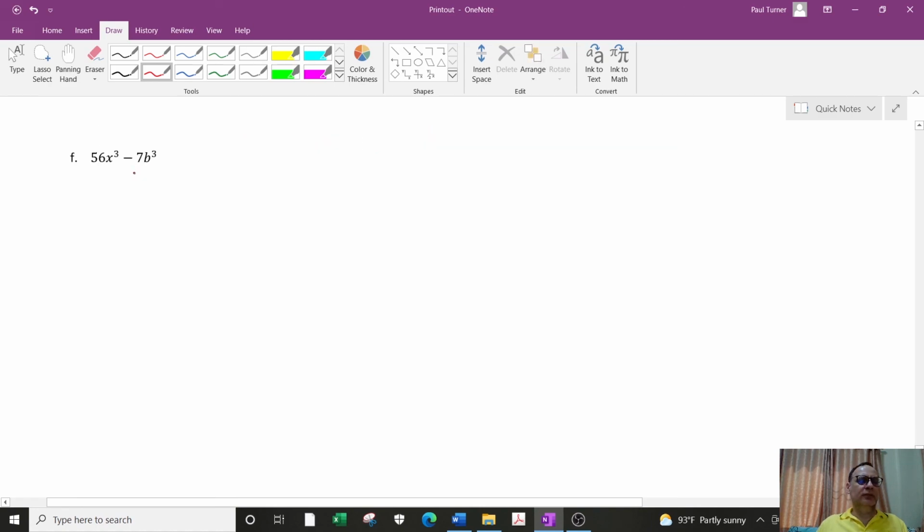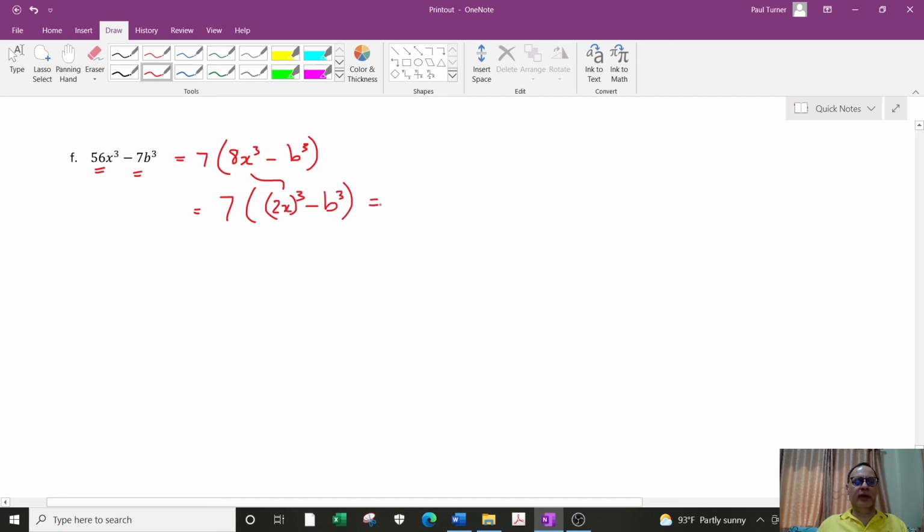In this question, we see that we're going to have the common factor 7 that we take out first. So 7 eighths of 56, x cubed minus b cubed. So now we should change the 8 to be 2 cubed. So 7, 2x all cubed, which is the same as that, minus b cubed.